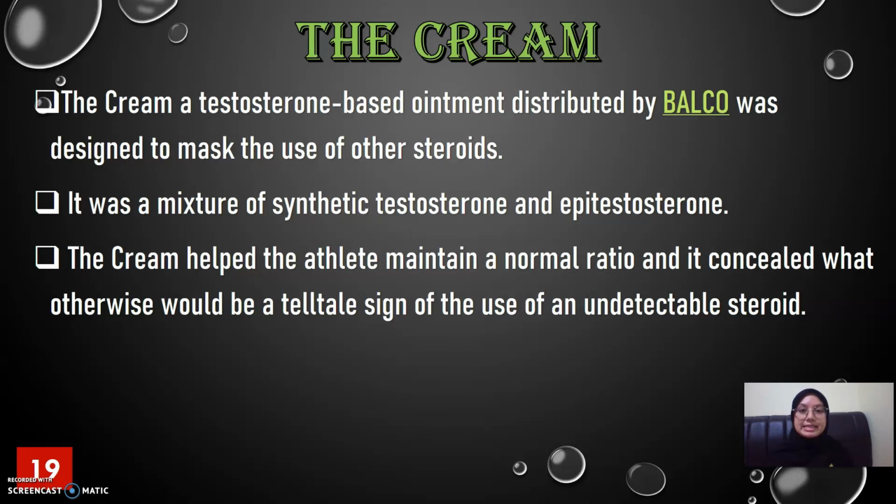Okay. Last is the cream. The cream, a steroid-based ointment distributed by BALCO, was designed to mask the use of other steroids. It was a mixture of synthetic steroid and epitestosterone. The cream helped the athlete maintain a normal ratio and, in concert with other ways, would be a tester side of the use of the undetectable steroid.